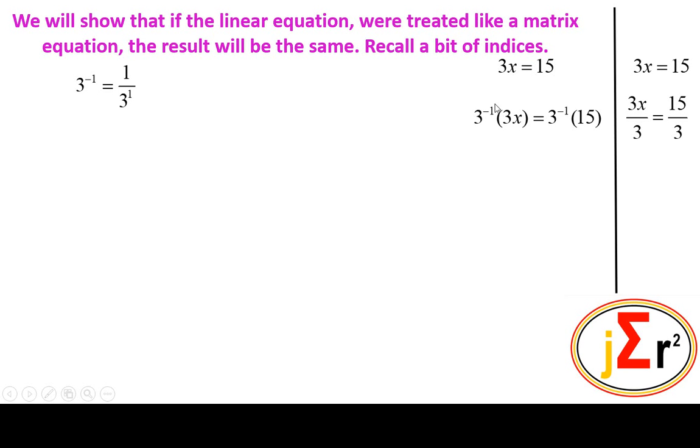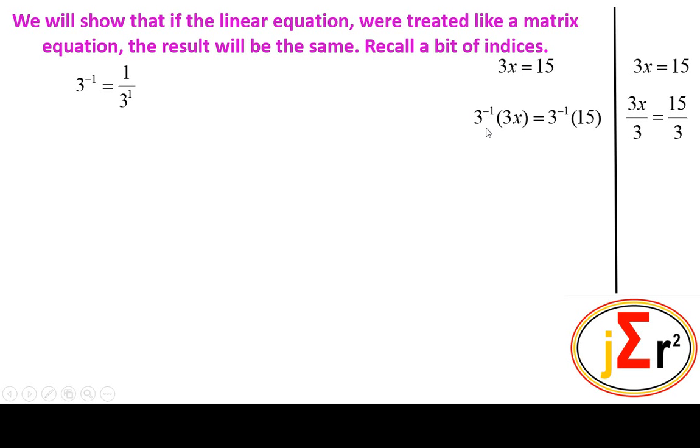We are, on this occasion, multiplying both sides of the equation by the multiplicative inverse of 3, which turns out to be 3 to the negative 1.